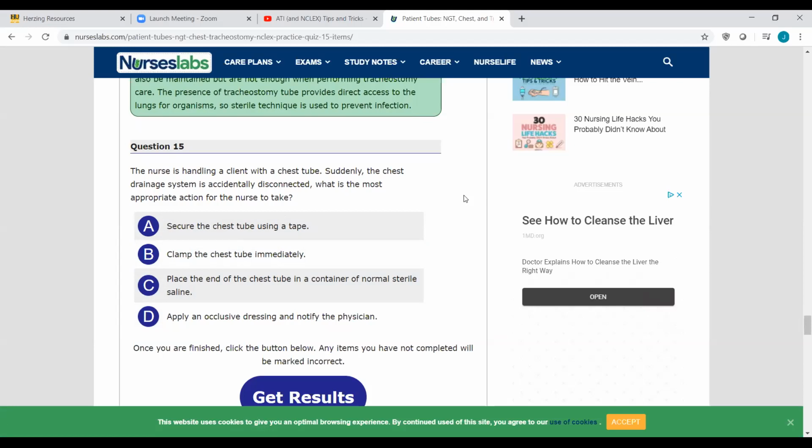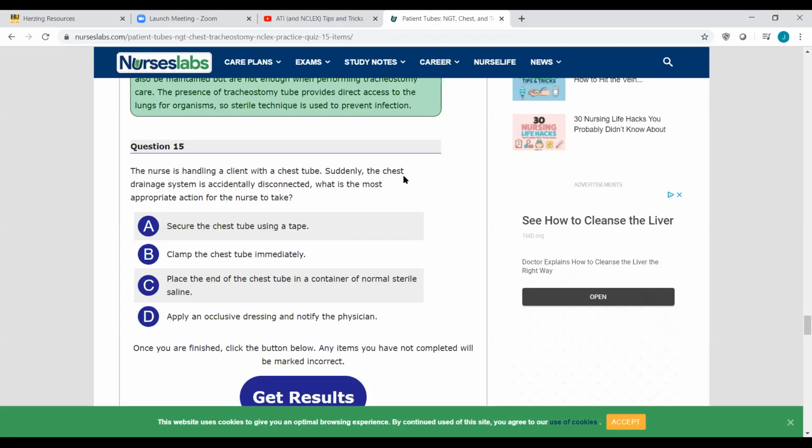So this is the thing with chest tubes, it matters where it's disconnected at. So if the chest tube's still in itself, but it's disconnected from the drainage system, then that's a different story than if the whole thing came out of the person, right?